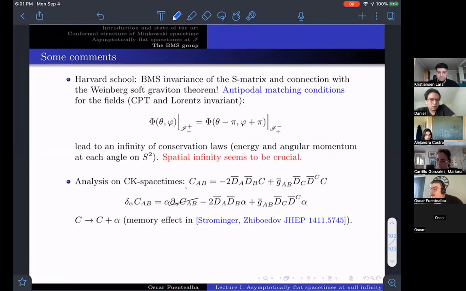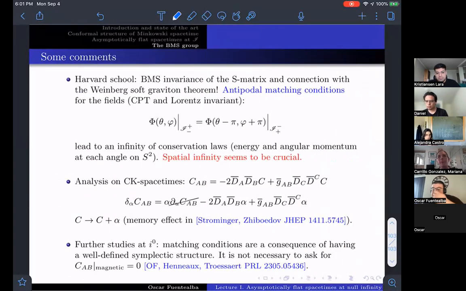One can show that the shear takes this form for this class of spacetimes, and if one takes this supertranslation variation of the shear, in the case where there is no radiation, where the radiation already passed away, one finds that C is shifted by alpha in this way. And this is the origin, that they found, Strominger and Zhiboedov in this very nice paper, of the memory effect.